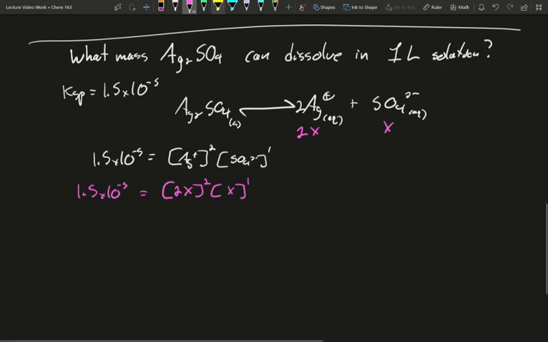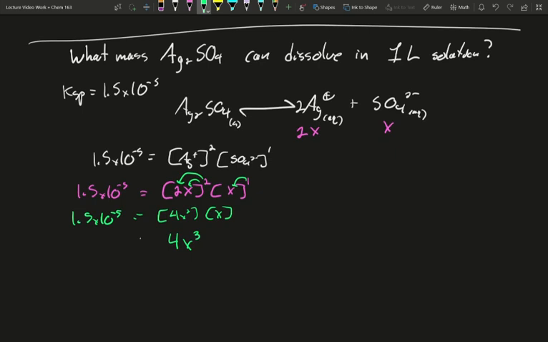Well, we have to distribute out our square, so it's going to square both parts on the inside. 4x squared times, well, 1 to the power of x, so times x, has to equal 1.5 times 10 to the minus 5, which means 4x cubed is equal to 1.5 times 10 to the minus 5.